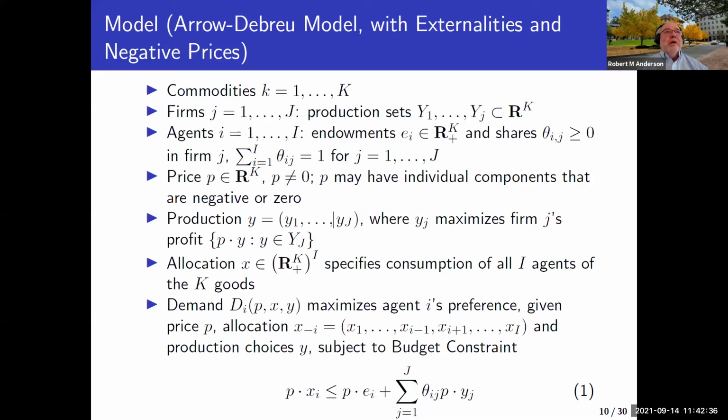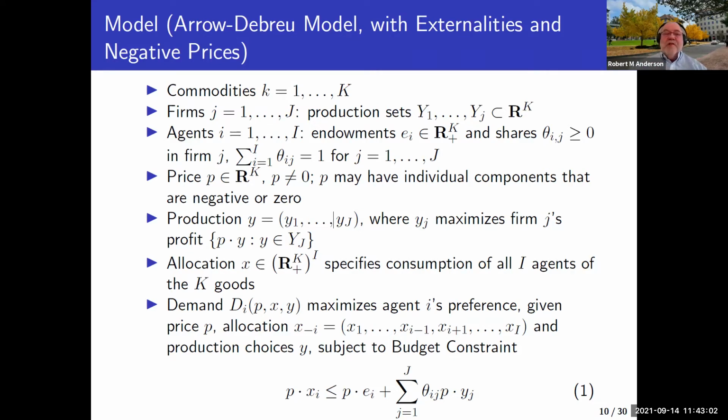In most cases, the biggest element of this is their own labor. So they will supply their endowment of labor or a portion of it to an employer in the production process. And they also own shares in the firm, so each individual has a non-negative share of each firm.